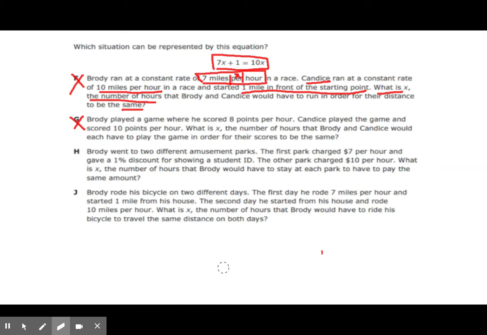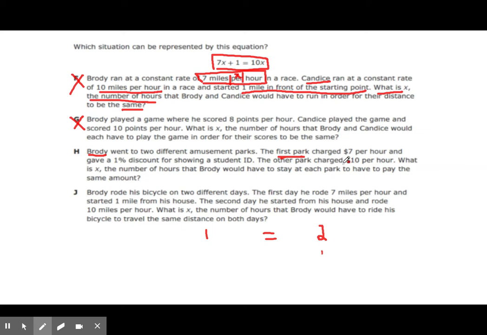What is x, the number of hours that Brody would have to stay at each park to pay the same amount? Actually, I messed up. We're comparing 2 parks, Park 1 and Park 2. I apologize. So the first park has to be equal to the second park.